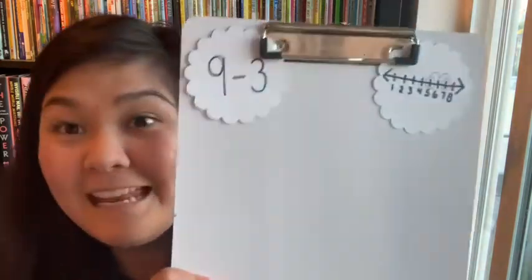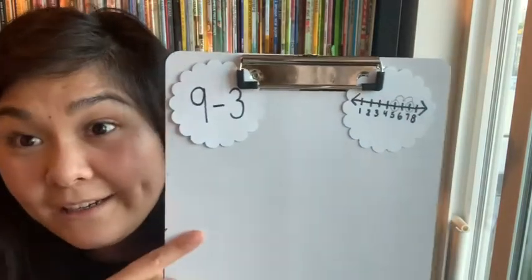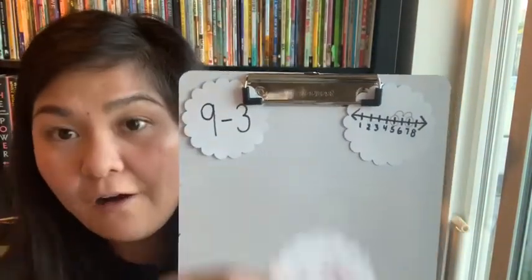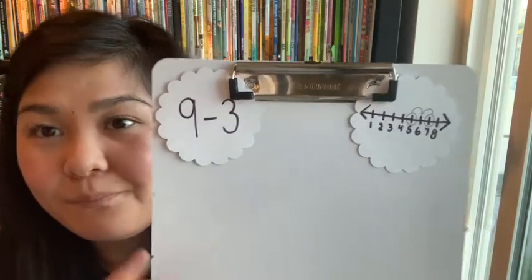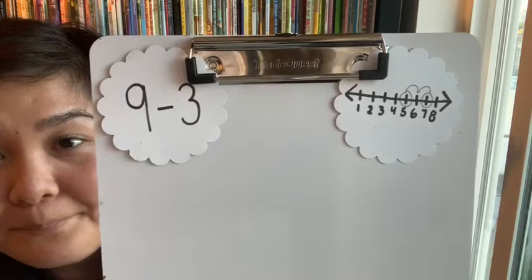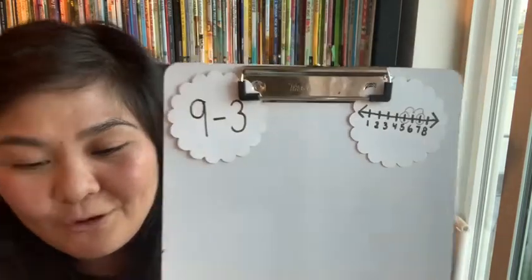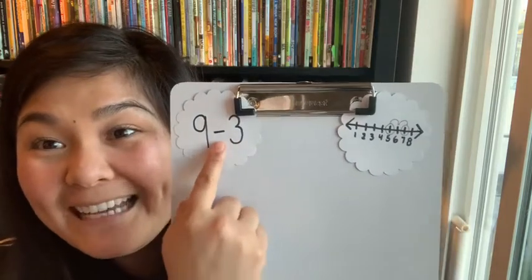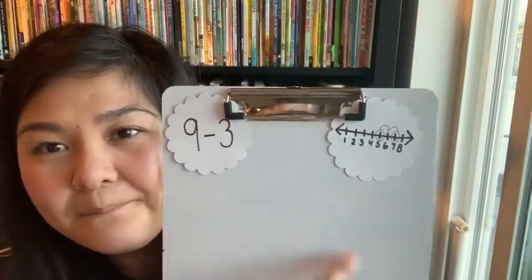So now I'm going to put those flashcards in my finished pile and pick up 2 new flashcards from my pile without looking at them. Now we're going to look at them and read the models to decide if it's true and it's equal to, or if it's false and it's not equal to. Take a second to decide. Great. So it says 9 take away 3, or 9 minus 3.